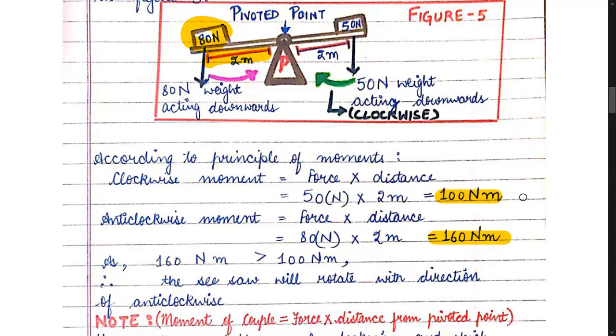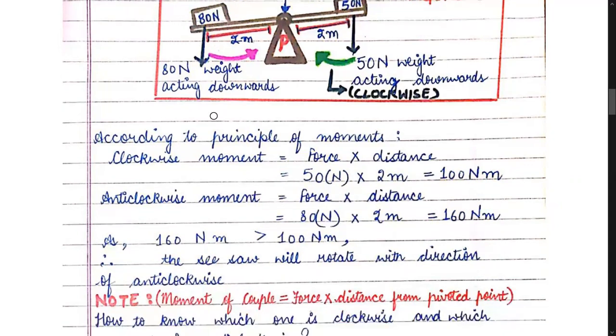Now children, if you see the two values, 100 newton meter and 160 newton meter, which one is greater? 160 newton meter is greater than 100 newton meter. So therefore we will say that the seesaw will rotate in an anti-clockwise manner such that the 80 newton side will depress down.